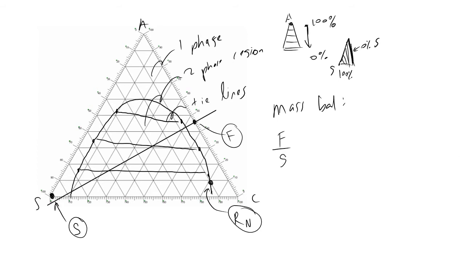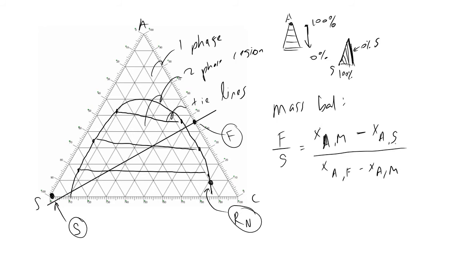It's a way we evaluate the mixing point in our system, and it tells us that the feed molar flow rate divided by the solvent molar flow rate is equivalent to the mass fraction of your solute at your mixing point minus the mass fraction of your solute in your solvent, divided by the mass fraction of your solute in your feed minus the mass fraction of your solute in your mixing point.